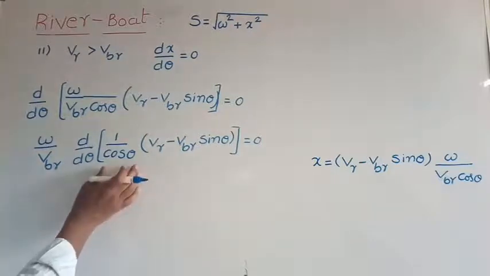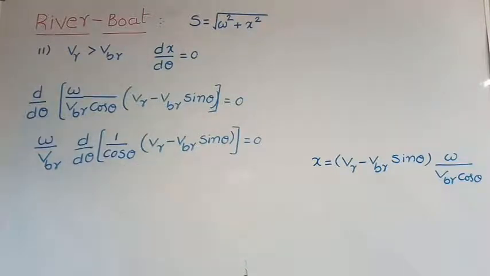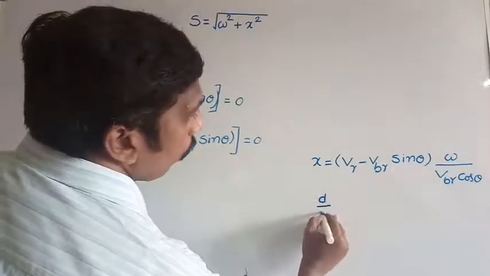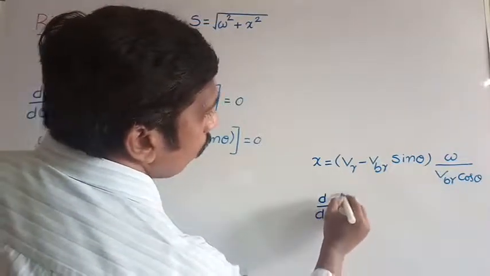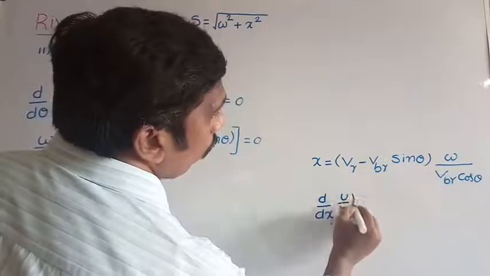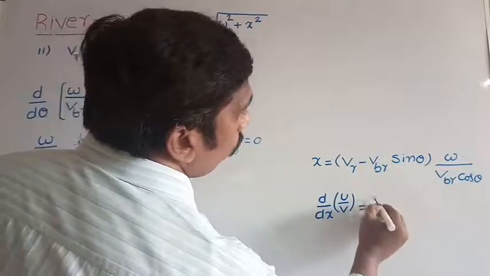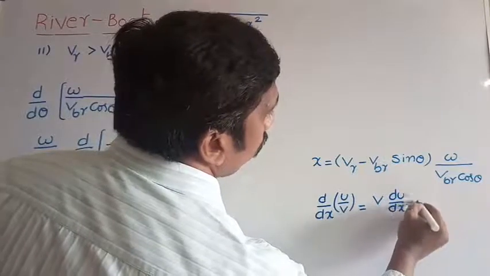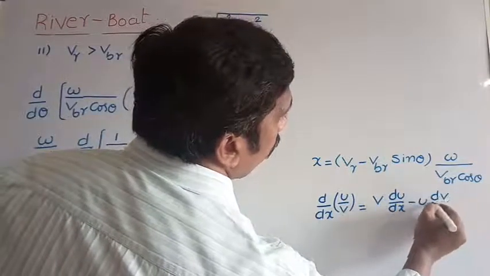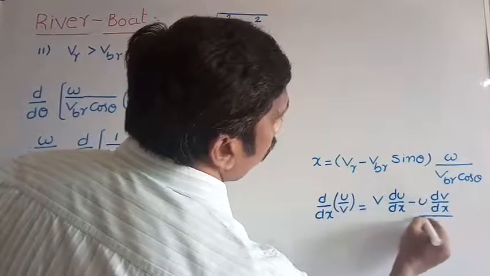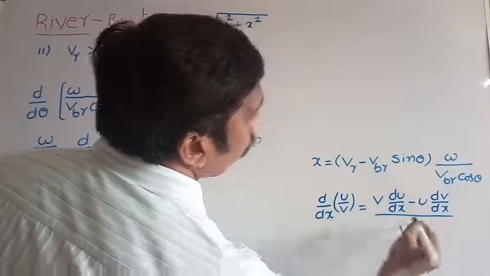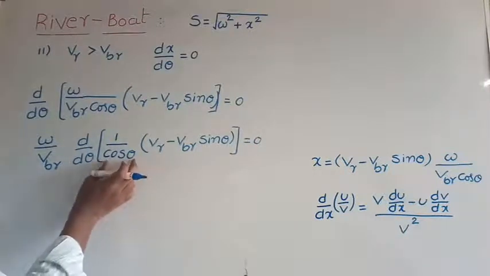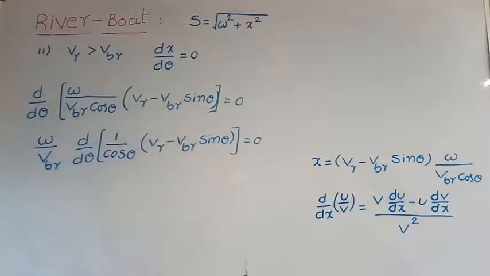Now if you observe here, it is in the form of u by v. We know the formula: d by dx of u by v is equal to v into du by dx minus u into dv by dx, whole divided by v square. Compare with this: instead of v, cos theta is there, and u is equal to VR minus VBR sin theta.